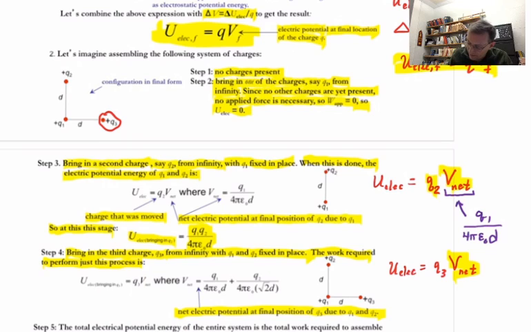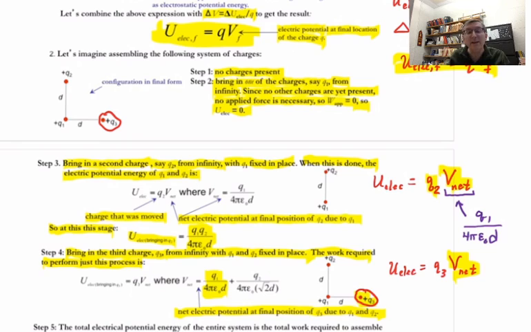Well, here's Q3. So what's the V net? The net electric potential here due to Q1 and Q2. 2 charges there, right? All right. Well, from the Q1, you have this term. Q1 over 4 pi epsilon 0 d. You see that?